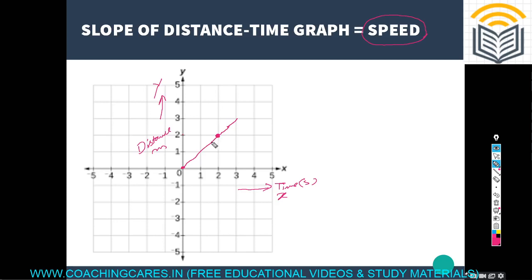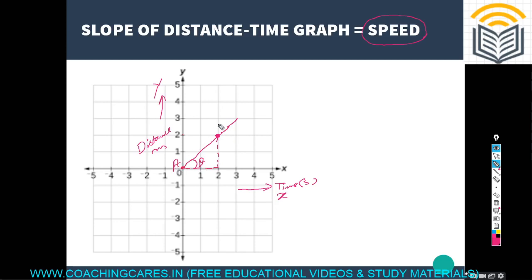It shows the speed is steady, and the slope of this graph, suppose we complete one triangle here, and suppose this is the angle theta. So what will be the slope of this journey?